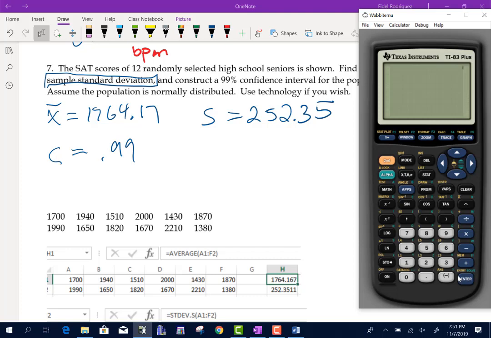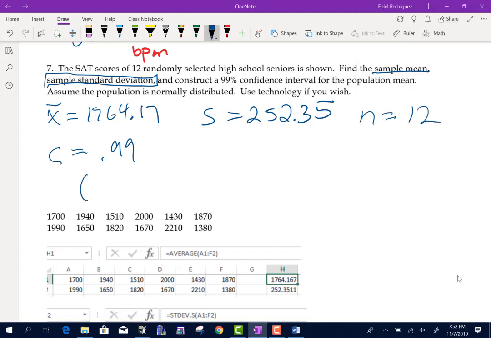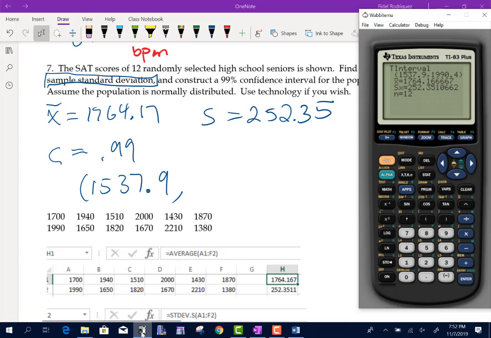Boom. And let's take a look and see what we got. I wonder if the 83 just takes a little bit longer because it looks like it runs a little slow. 1537.9 to 1990.4, right?